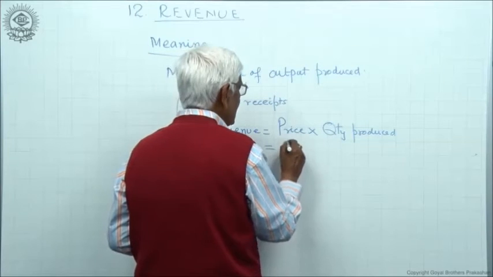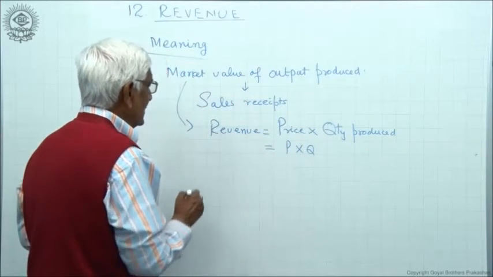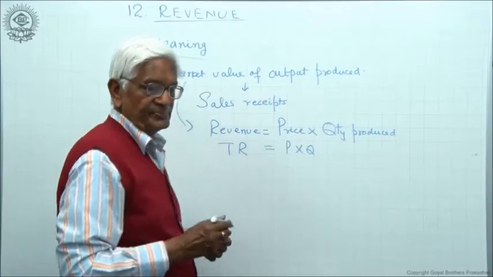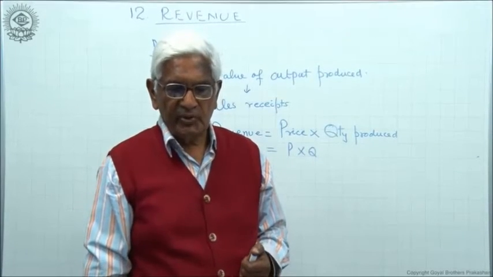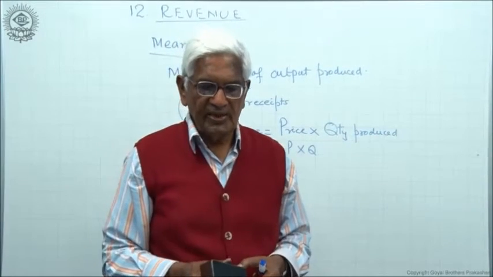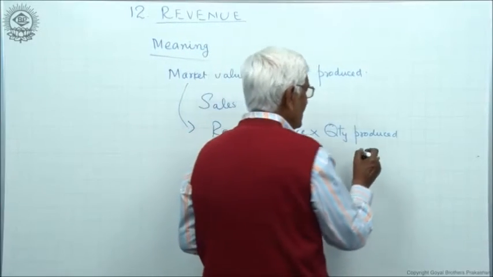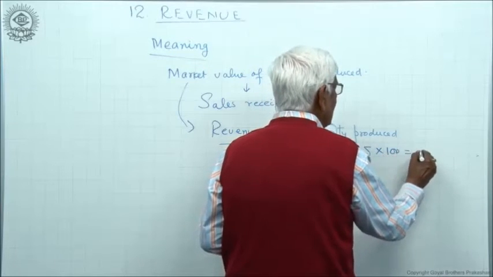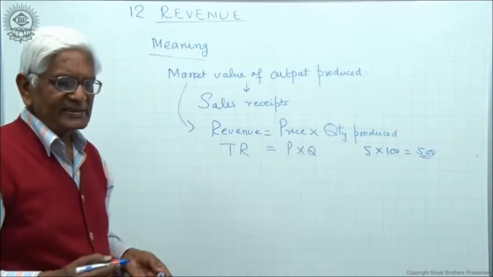In symbols, we can say P into Q. And in fact, this is nothing but total revenue. That is the meaning of total revenue. Price into quantity produced. So if, let us say, price is ₹5 per unit and quantity produced is 100, then total revenue is equal to 500. That is simple.